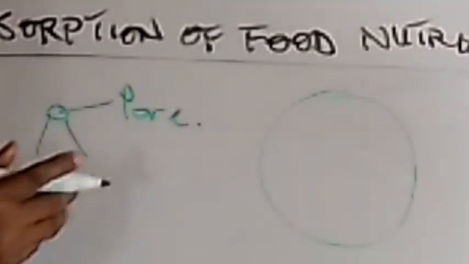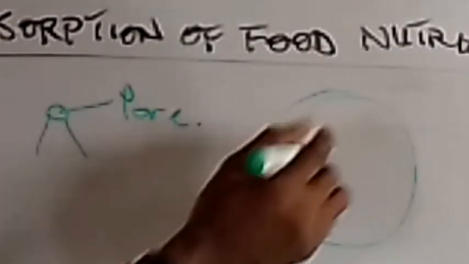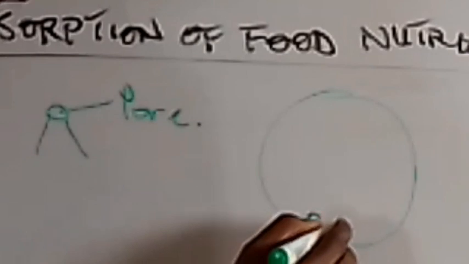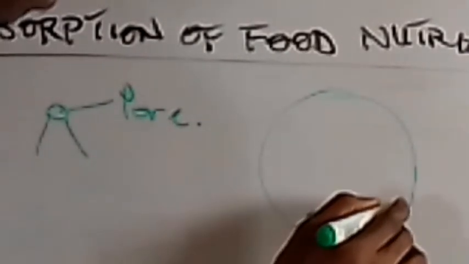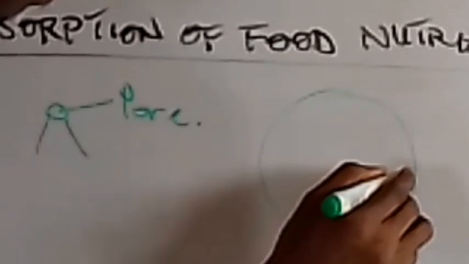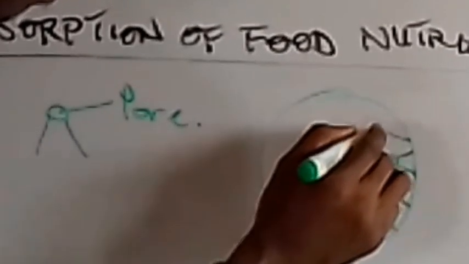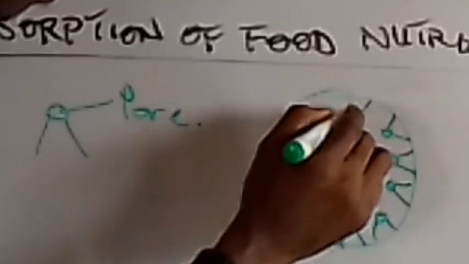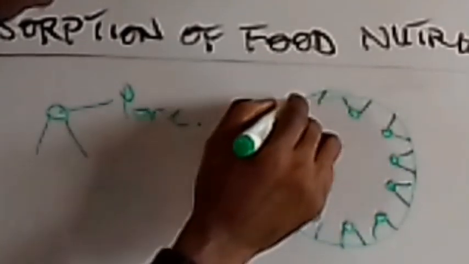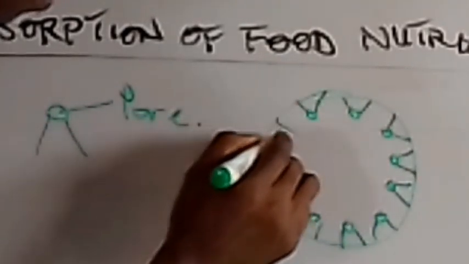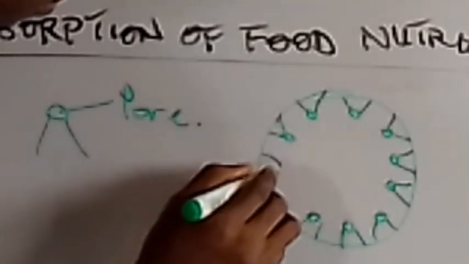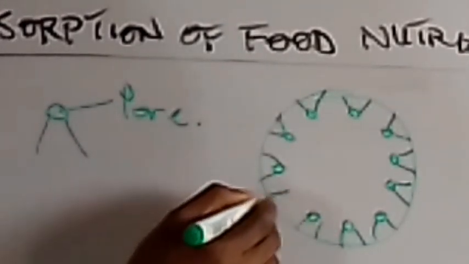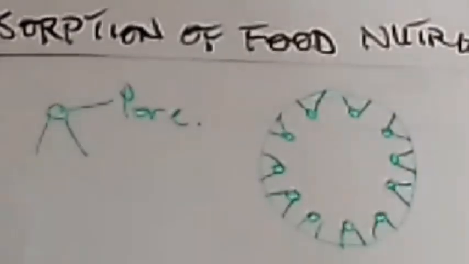Now let us assume that this is the small intestine, and in the small intestine we have all of this lining the wall, such that we have something like this.